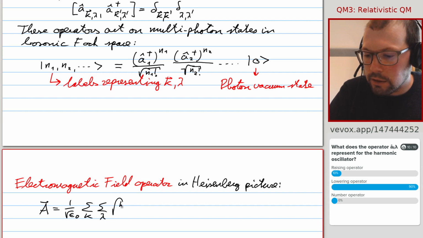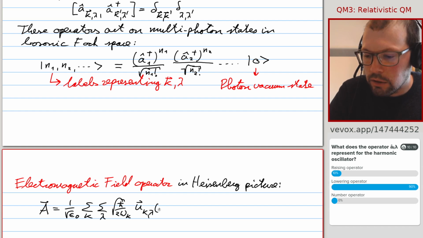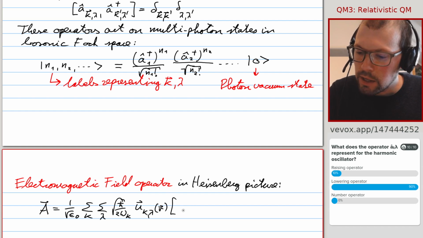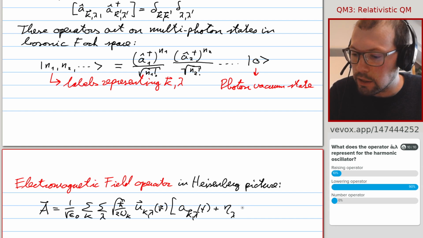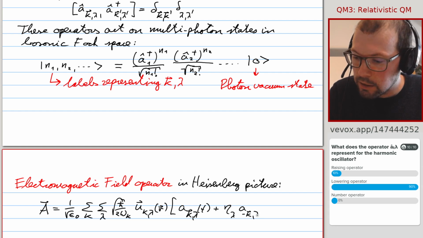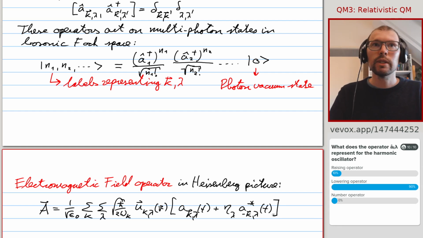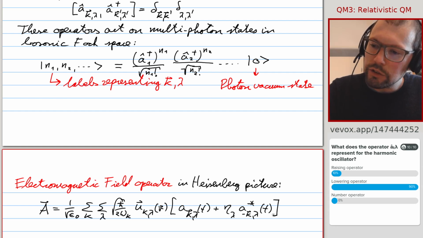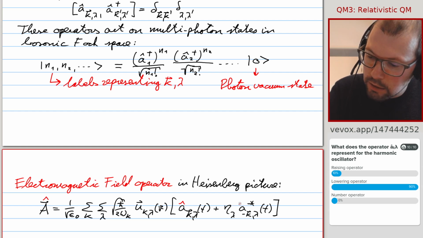So we had the Fourier component, and then a_{k lambda}(t) plus eta_lambda a_{-k lambda} conjugate (t). So in order to turn this into an operator that acts on these multi-photon states, I just put hats here.